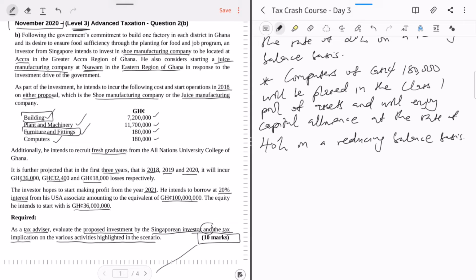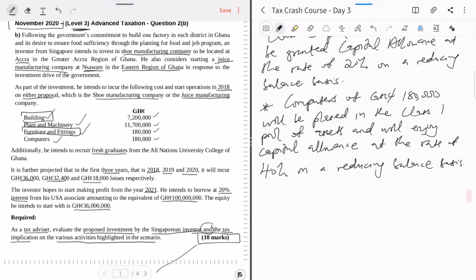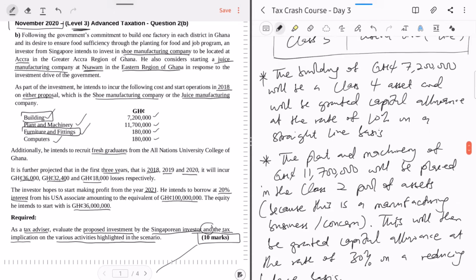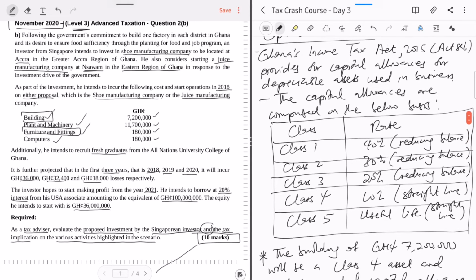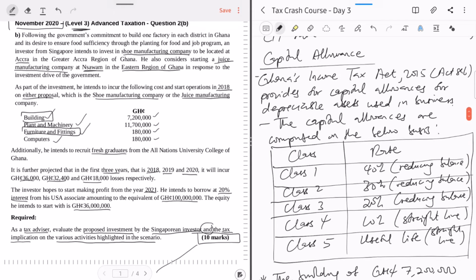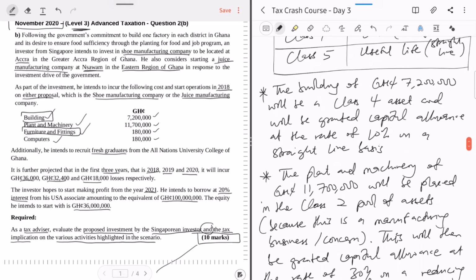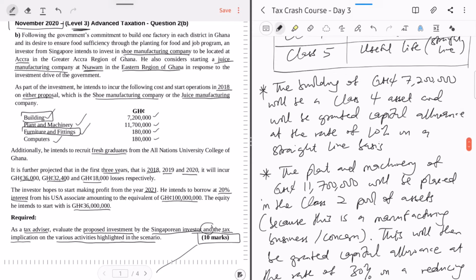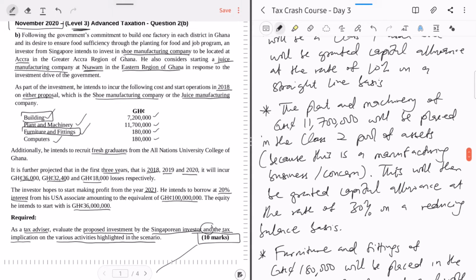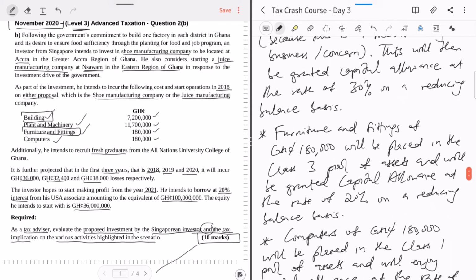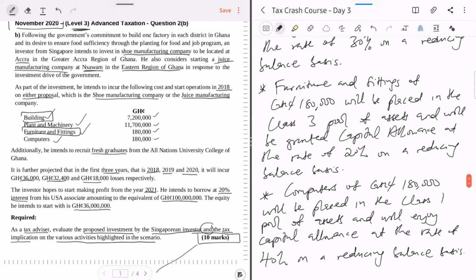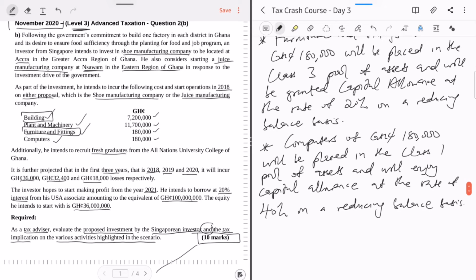And that will be it for capital allowances. As you can see, we've made a number of points on capital allowance. You've given them the rates, you've told them where you can find capital allowance and all of that. So building class 4, 10%; plant class 2, 30%; furniture and fittings class 3, 20%; computers class 1, 40%, reducing balance.